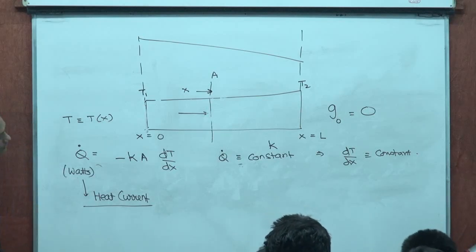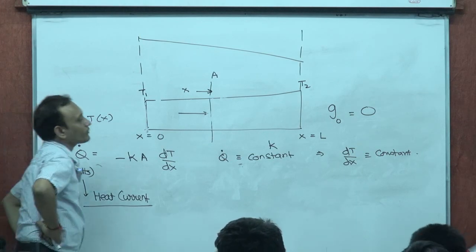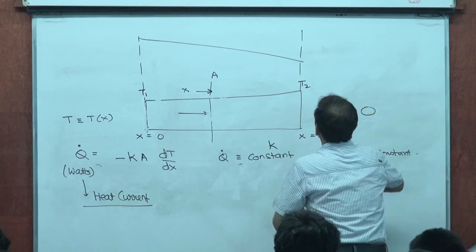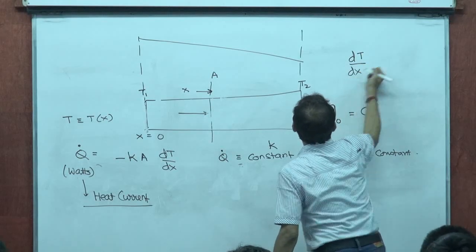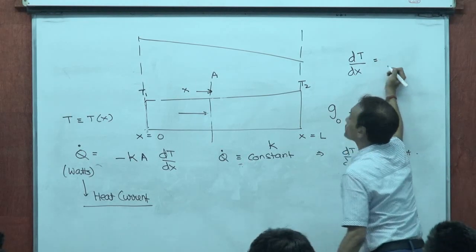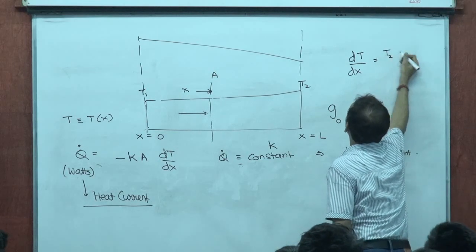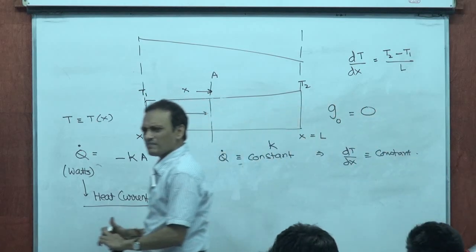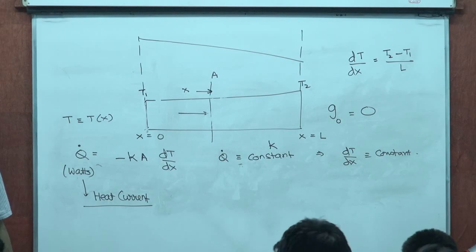Now, what we could imagine is that dT/dx for this is what? What's the slope of this? It is (T2 minus T1) by L, which is a negative number. That's the slope of this, right?